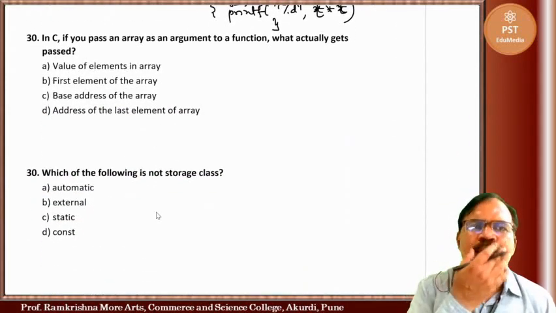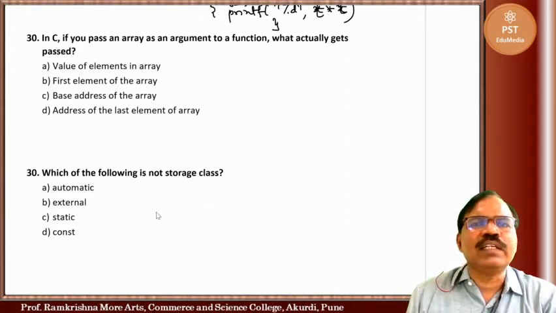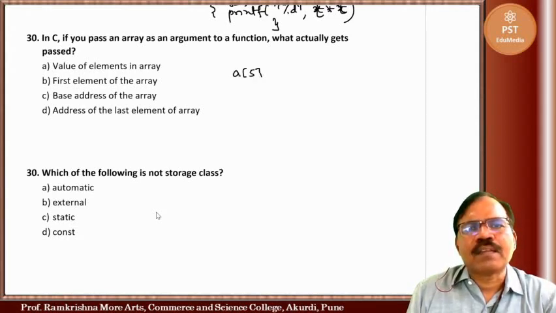If you pass an array as an argument to the function, what actually gets passed? Suppose we want to pass int array from main to some function.